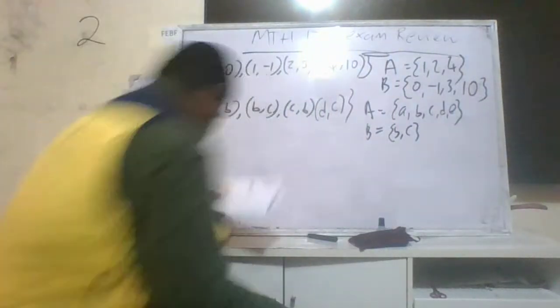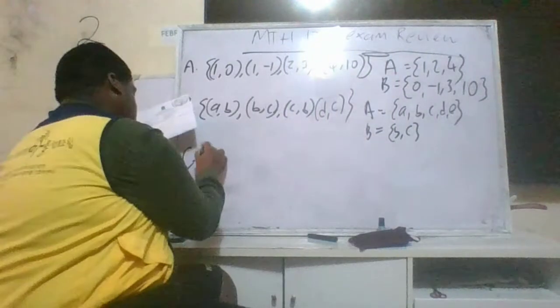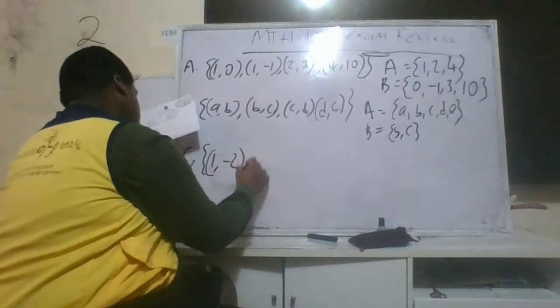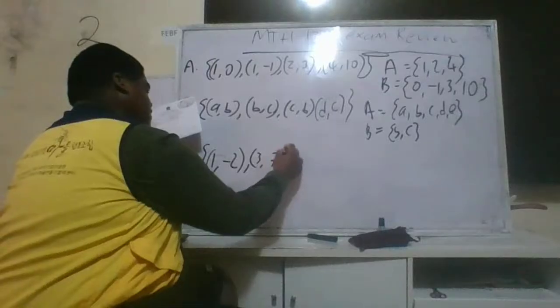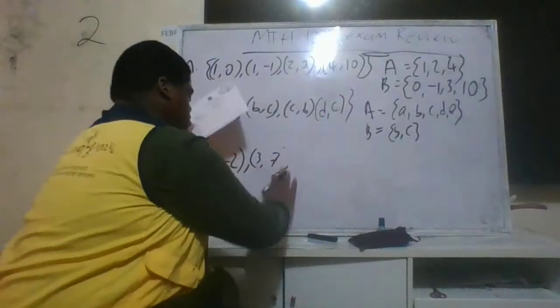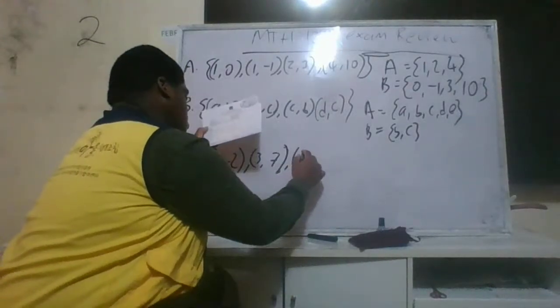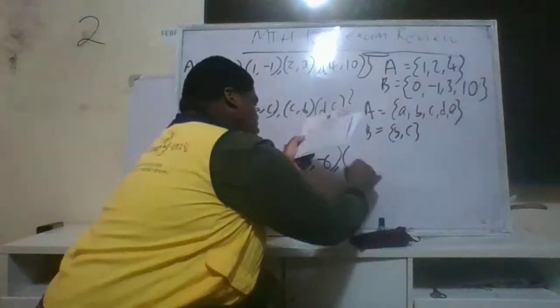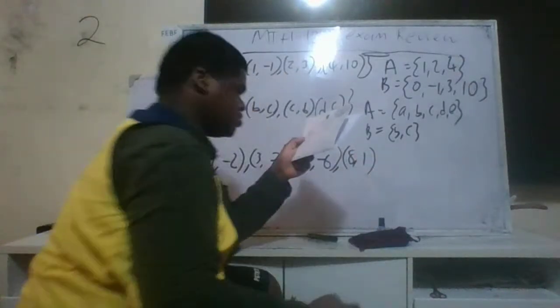Option C: -2, 1 is mapped to 2, 3 is mapped to 7, 4 is mapped to -6, and 8 is mapped to 1.